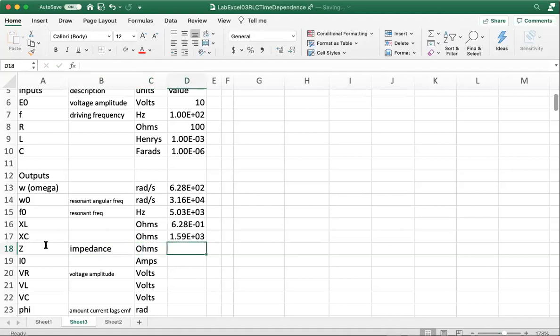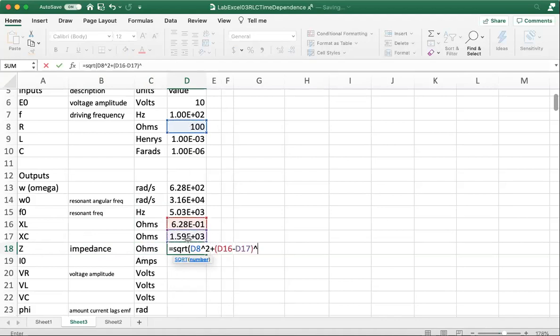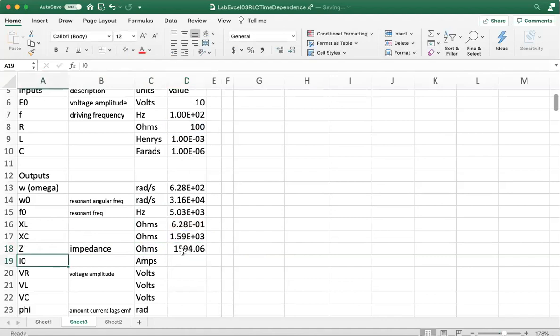So the impedance is like a generalized resistance. It's the square root of R squared plus the difference between XL and XC, so XL minus XC, squared. That's our impedance, and it's around 1600. So basically it's the same as the capacitor.